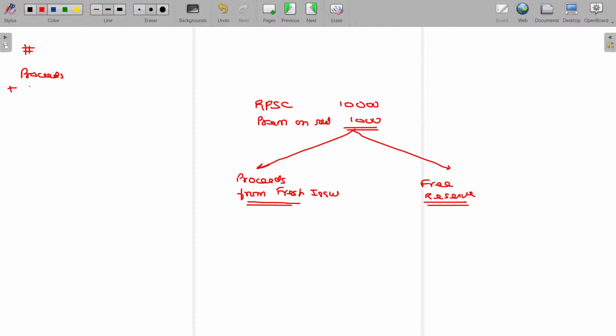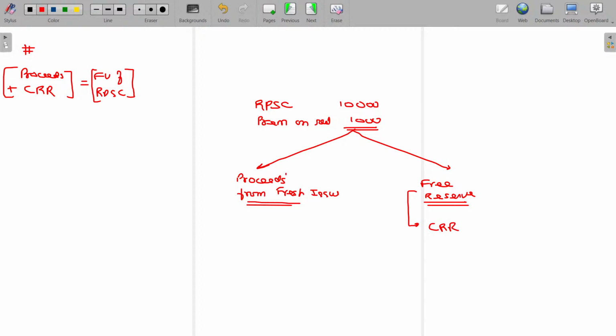Proceeds plus CRR should match with the face value of redeemable preference share capital. Always cross verify this. If you are using the free resource for redemption purposes, the free resource will be named as capital redemption reserve after redemption.